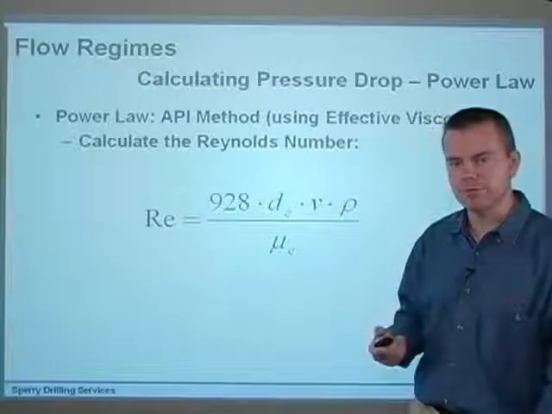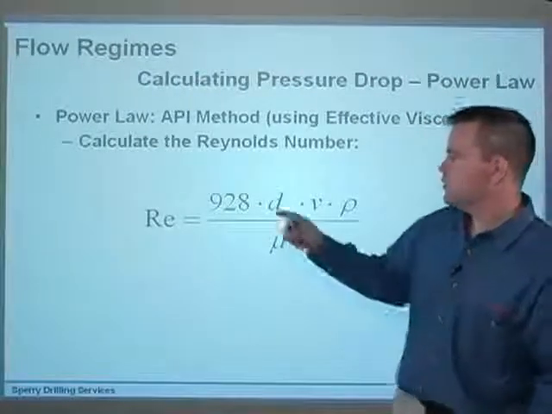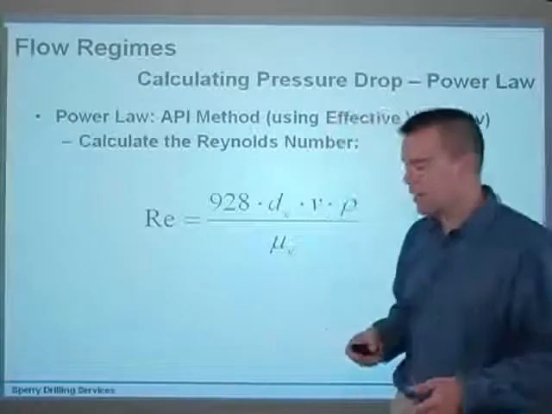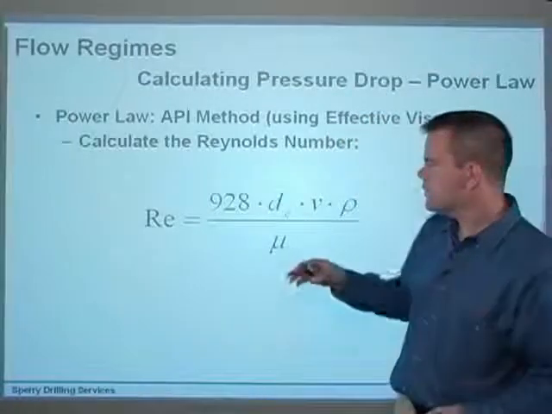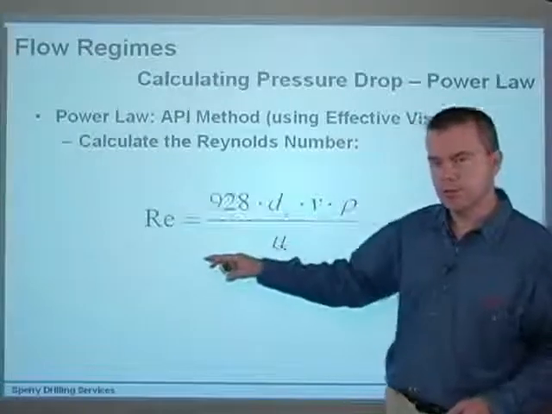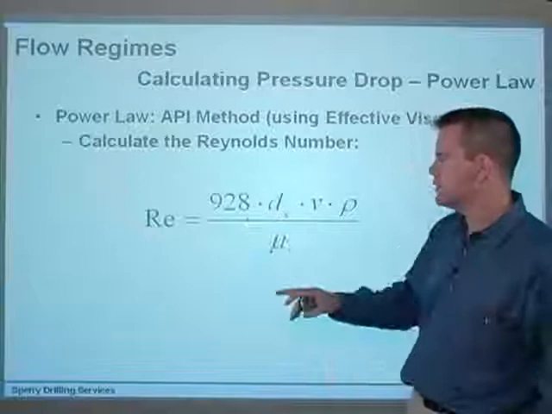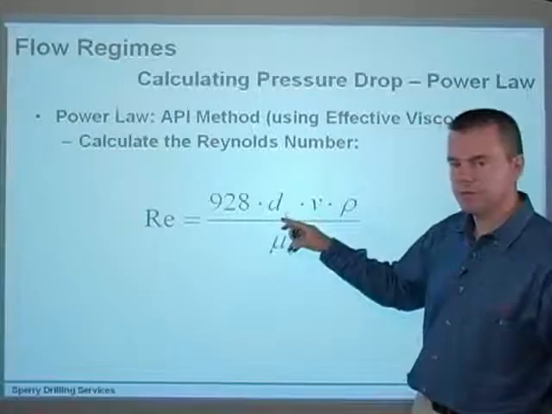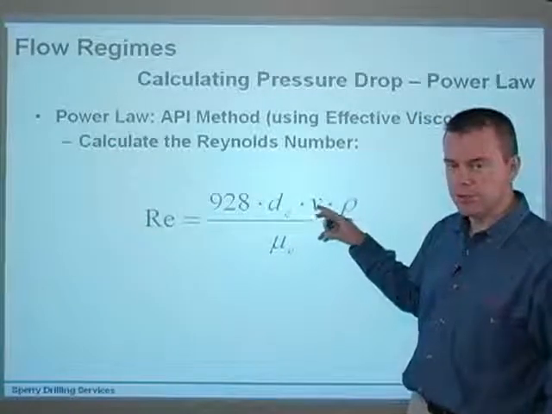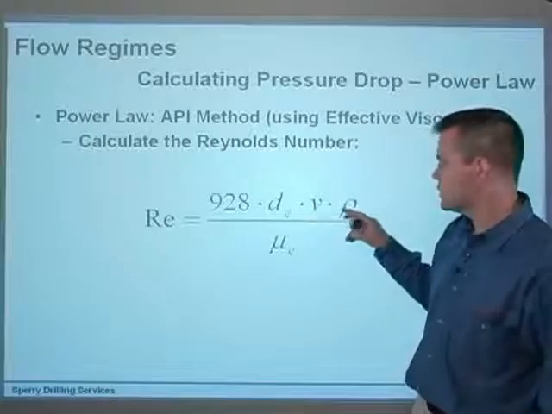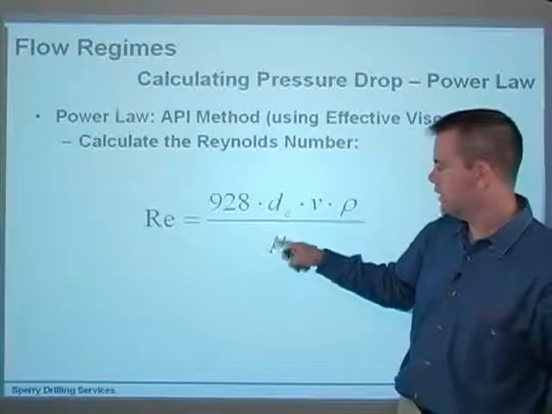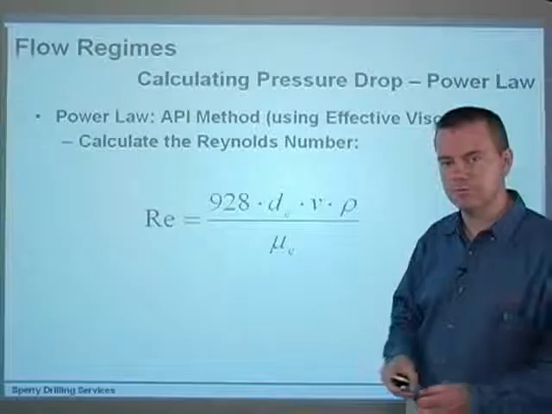Once you know your effective viscosity, you can then put it into a Reynolds number equation again and work out your Reynolds number. The Reynolds number in the power law method is only worked out with one equation, and that's 928 times the effective diameter times the fluid velocity times the density of the fluid, divided by, again, the effective viscosity.